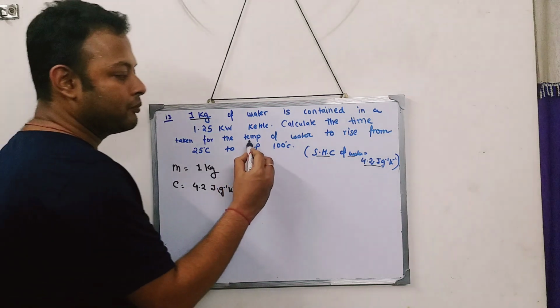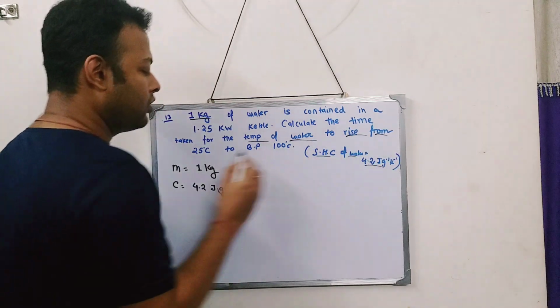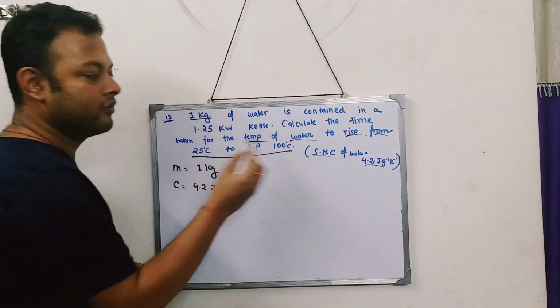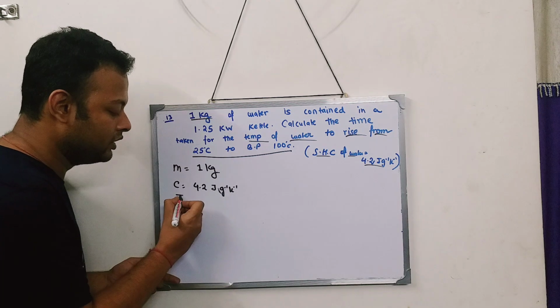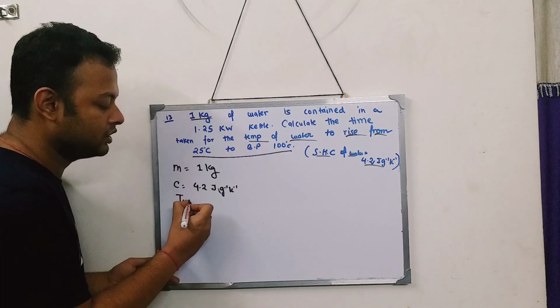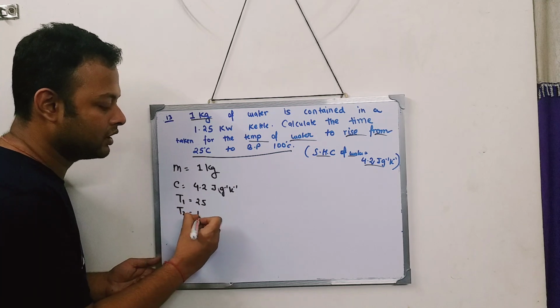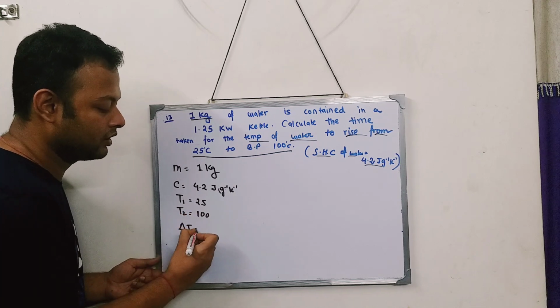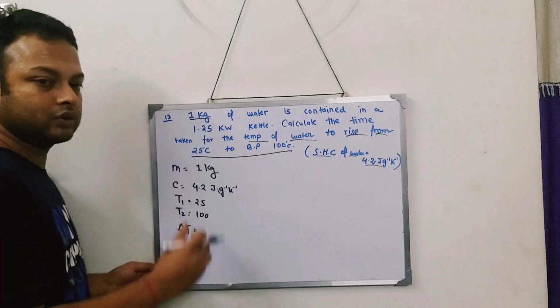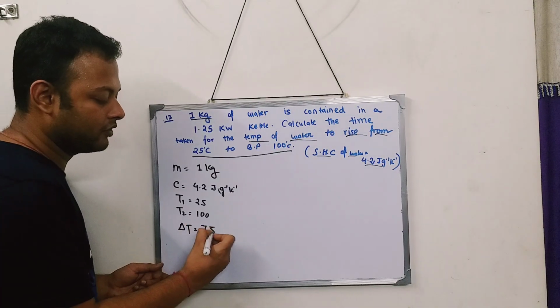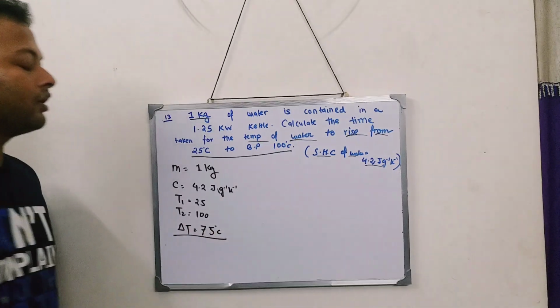See, the temperature of water rises from, very important, 25 to 100. So suppose the initial temperature is 25 and the final temperature is 100. So what is the delta T over here? Delta T is 100 minus 25, that will be 75 degrees centigrade.